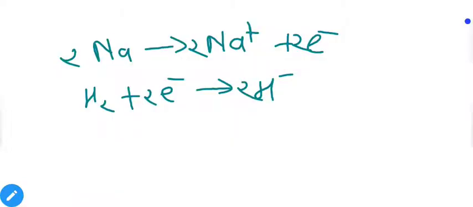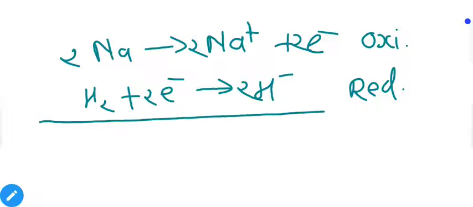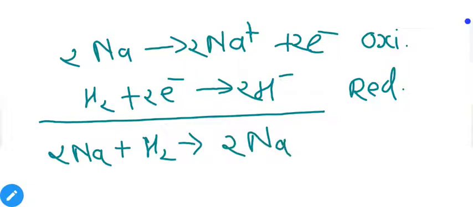That means we have these types of half reactions. In the first reaction, sodium loses an electron, so it is the oxidation half reaction, and in the second reaction, hydrogen gains an electron, so it is the reduction half reaction. When we add these two reactions together, our final net reaction is 2Na plus H2 produces 2NaH.